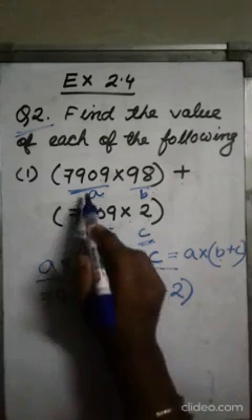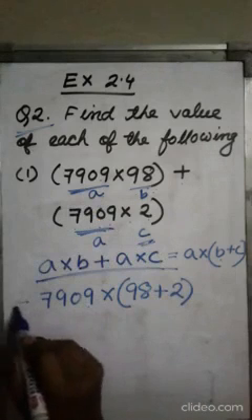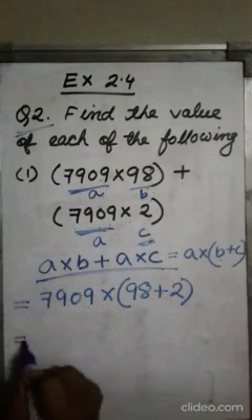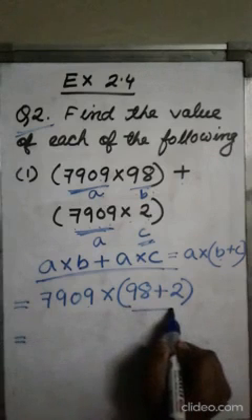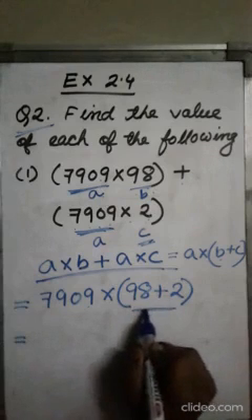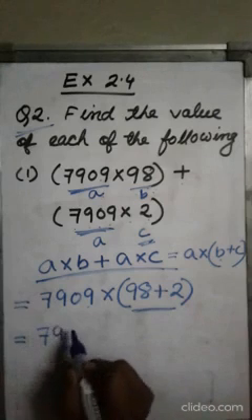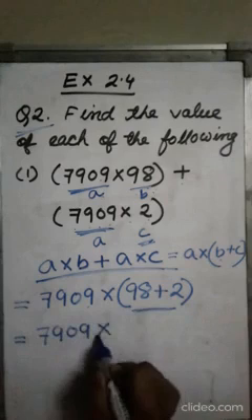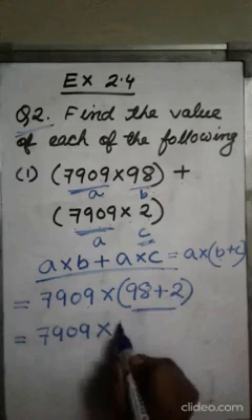So as it is inside bracket, from BODMAS rule, you know the operations inside bracket we have to do first. 7,909 into inside bracket 98 plus 2 is 100.